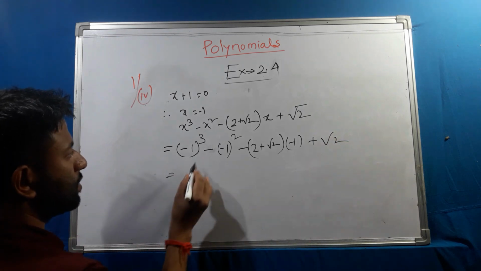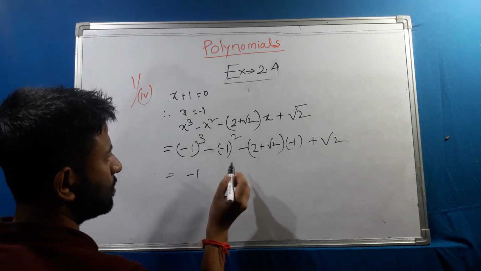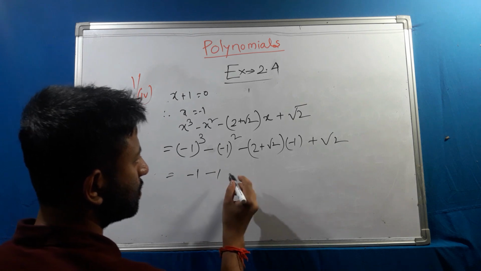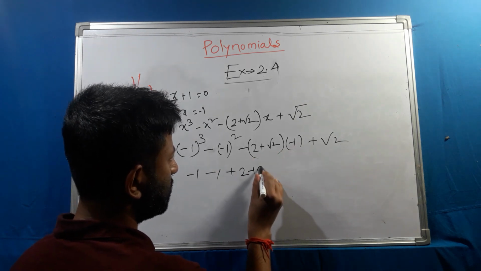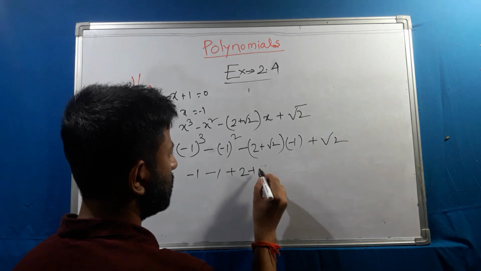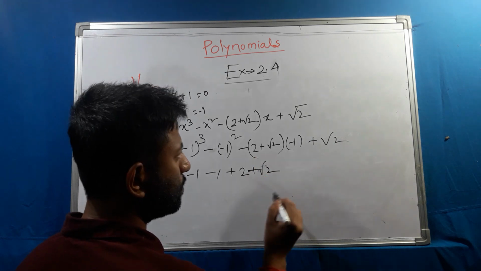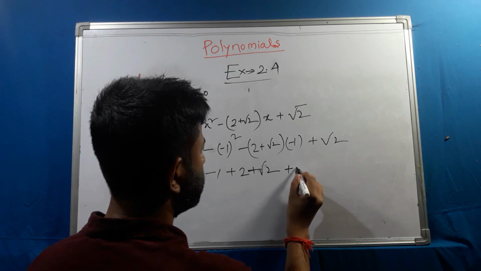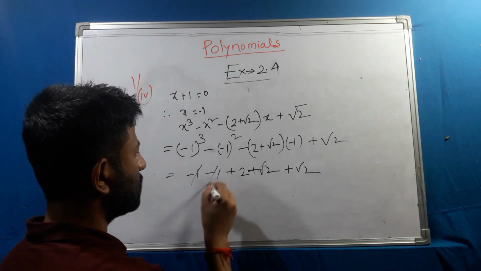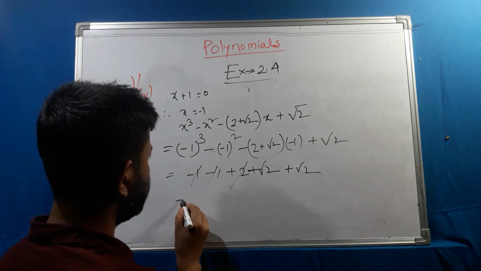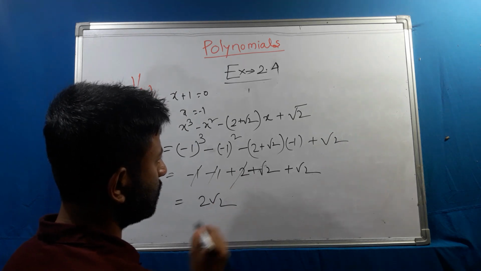What are the values coming? This one is coming minus 1. This is coming minus plus. The remaining will be the same, 2 plus root 2. Then here also root 2. So this term is cancelled and 2 root 2 is coming.